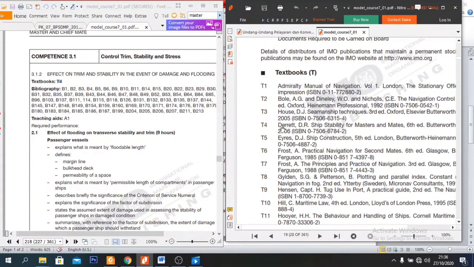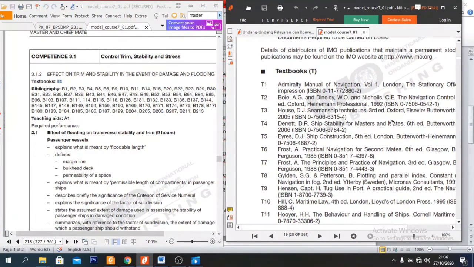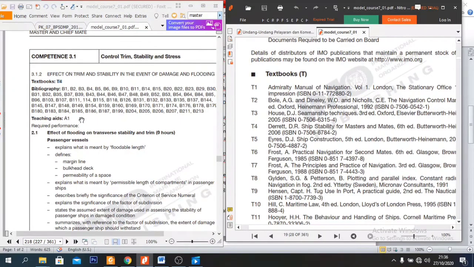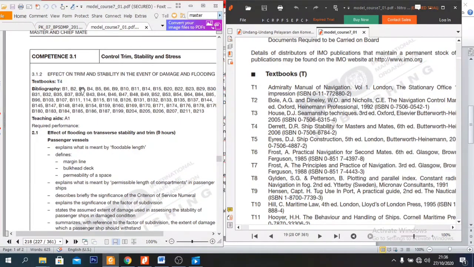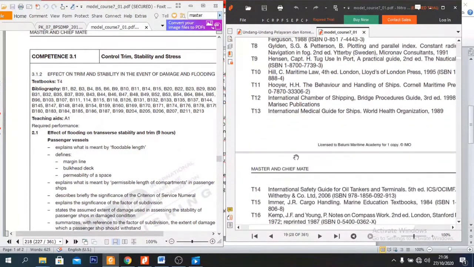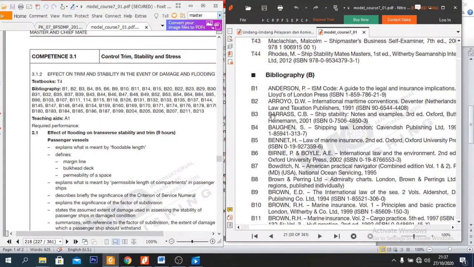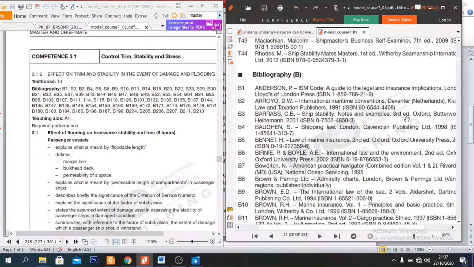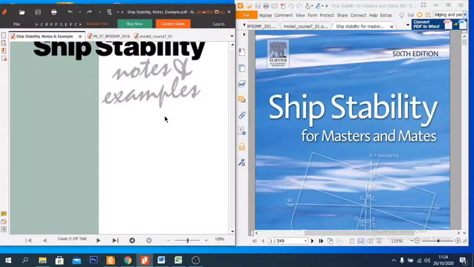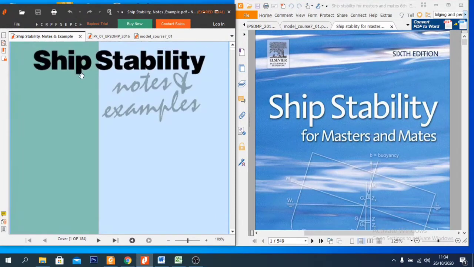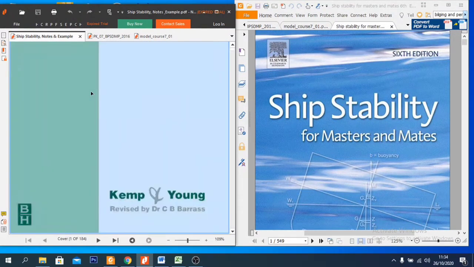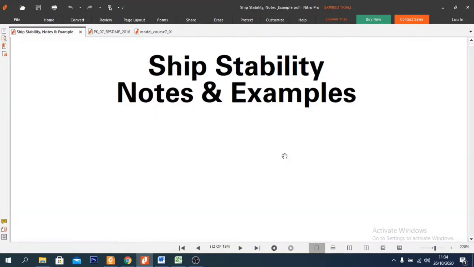Yaitu textbook kode T4 dari Dr. Derrett, Ship Stability for Masters and Mates, edisi ke-6. Dan juga B3 dari Barrass, Ship Stability, Notes and Examples.